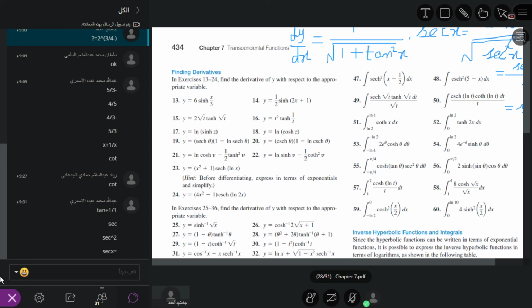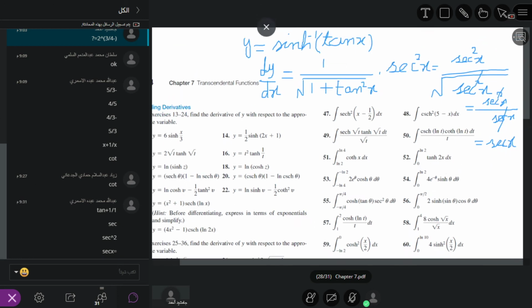Okay, sec x. So in this way, I again repeat, we have y equal to sine hyperbolic inverse tan x.